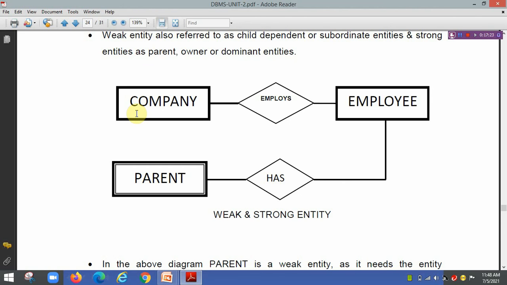So for this, parent is a weak entity, and company and employee are the strong entities. If company and employee exist, then the parent exists. If company and employee both don't exist, then the parent will be automatically deleted.